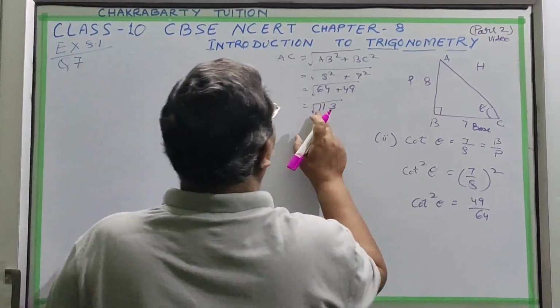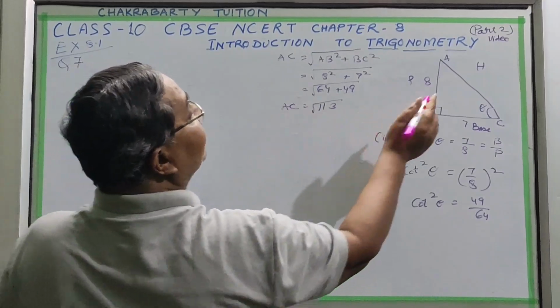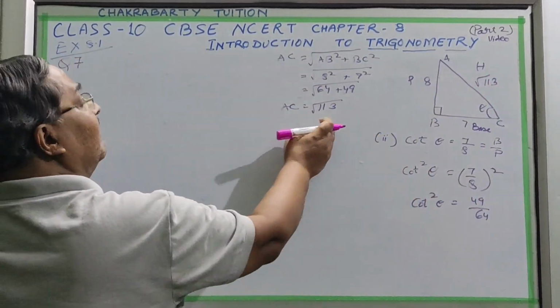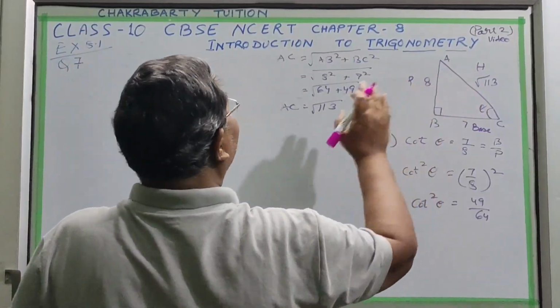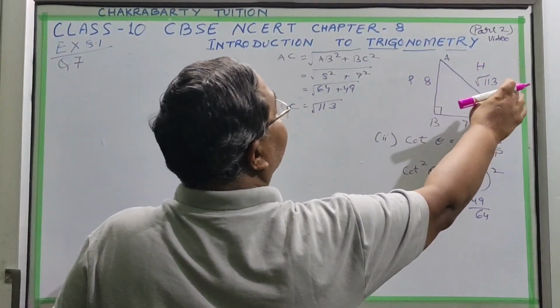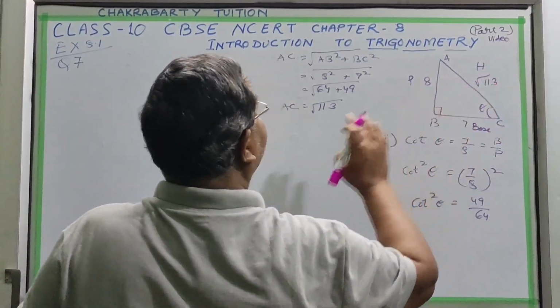Under root, it is not dividing. So AC will be under root 113. Don't be afraid, whatever is coming you just write. It is a ratio only. So in the ratio, it is not an actual line or something. It is a ratio. 113 is here.